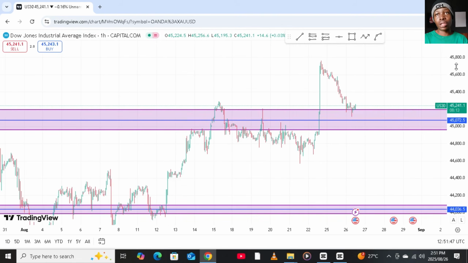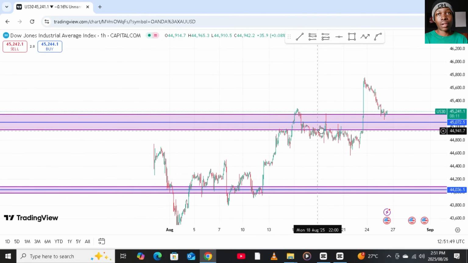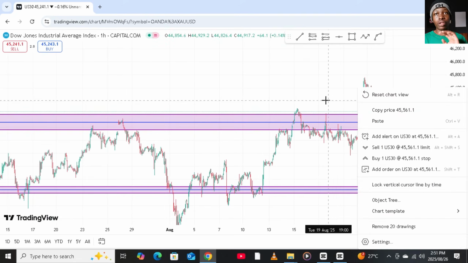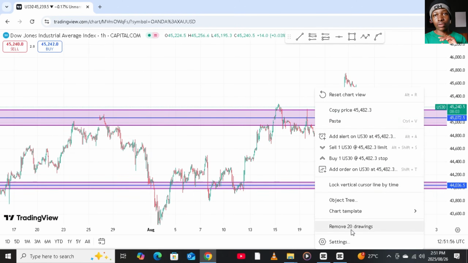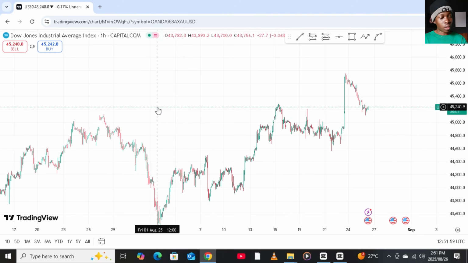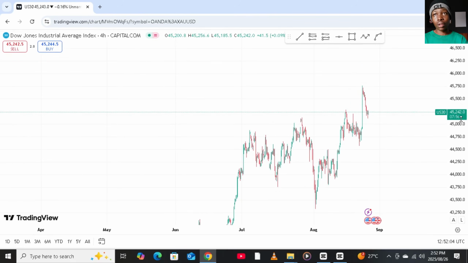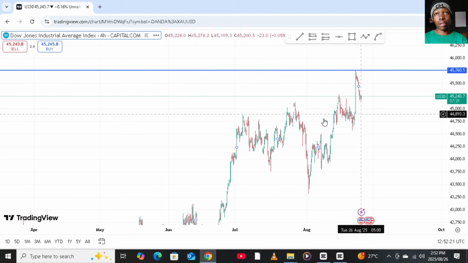Oh, okay. So US30 is already analyzed, but I'ma just renew it, even though it's actually a clean analysis. But let me just remove the drawings, go down to the 4-hour time frame, and draw your current highest point, just like this.